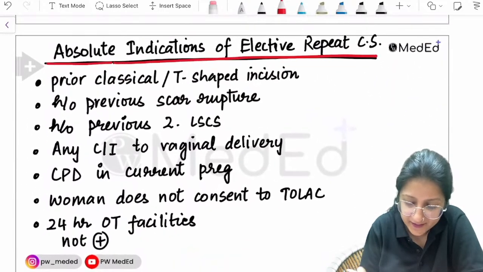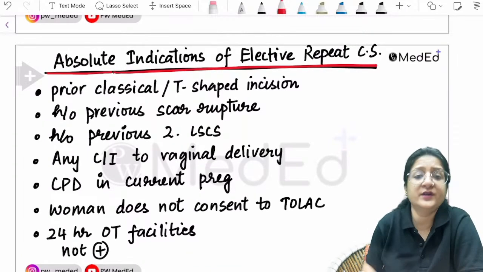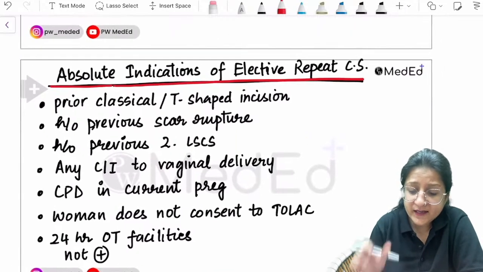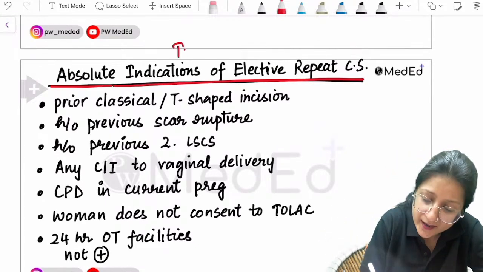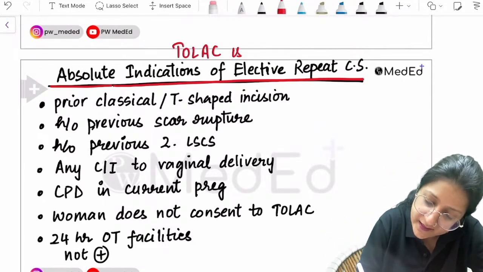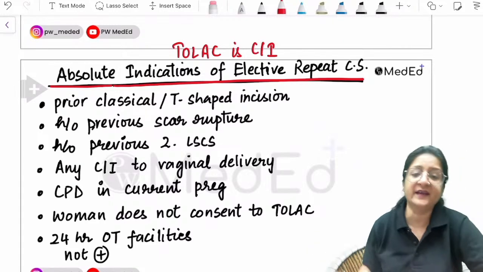This is the list you need to remember. Absolute indications of elective repeat cesarean section, meaning that trial of labor after cesarean is contraindicated.